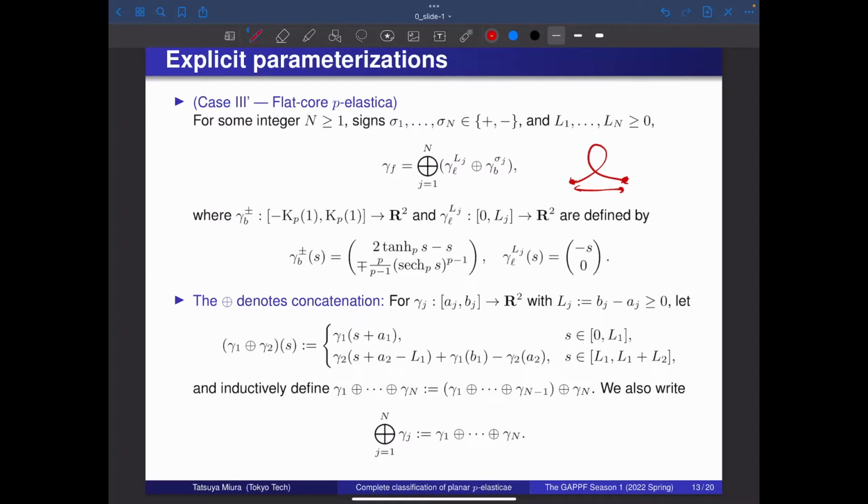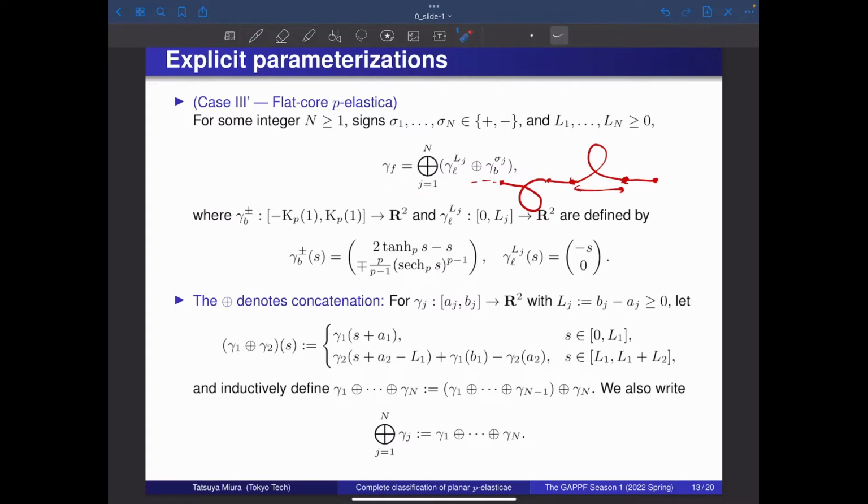So we can continue this curve by attaching straight lines, and then we can again attach some loop.